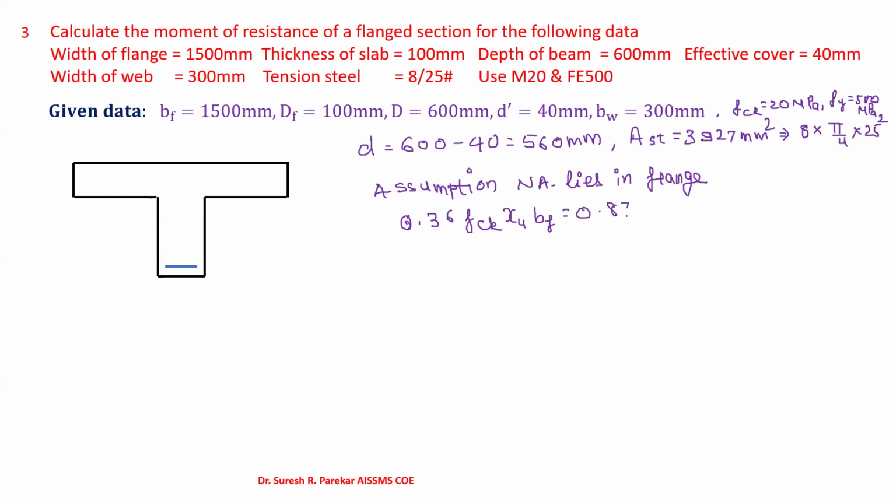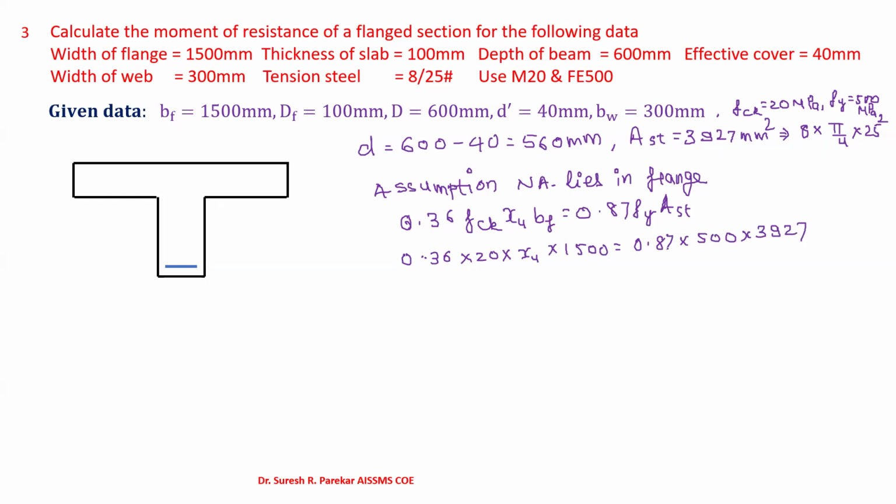So 0.87 FYAST. And then by substituting values, we have 0.36 into 20, XU we have to find out. BF is 1500 equal to 0.87, FY is 500 into AST is 3927.